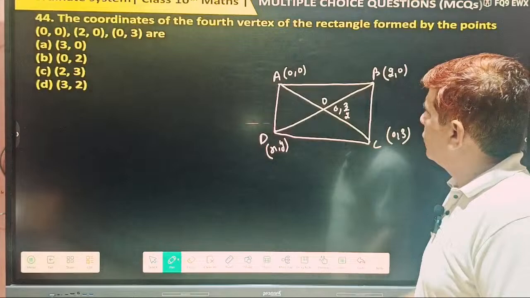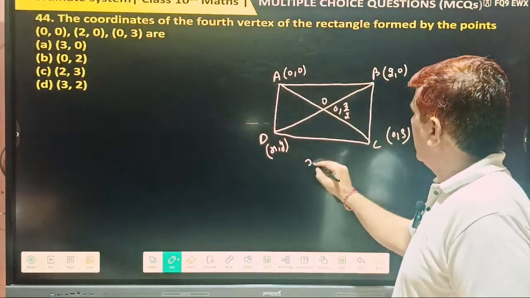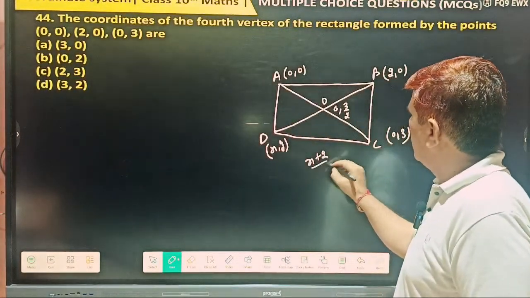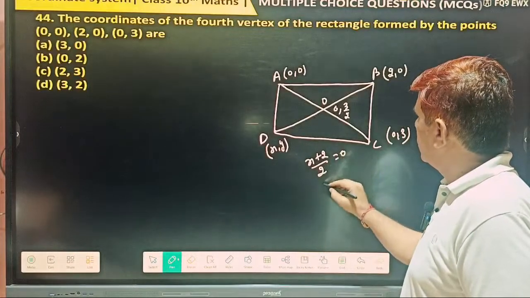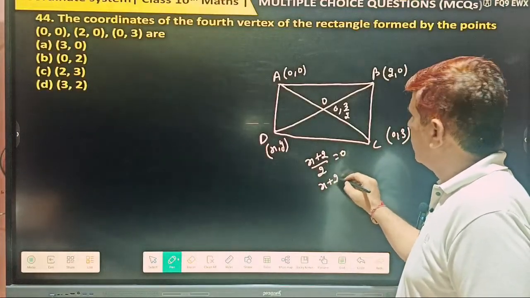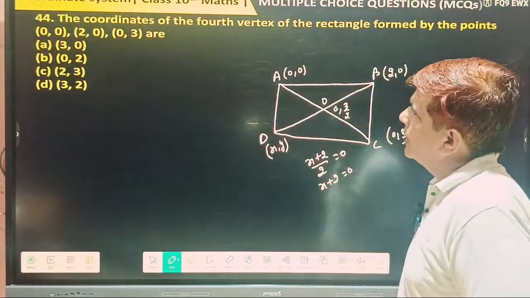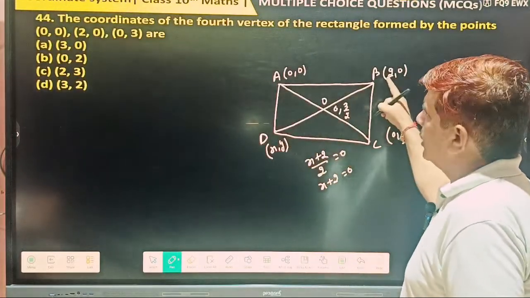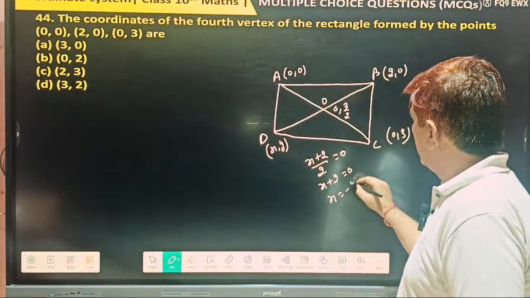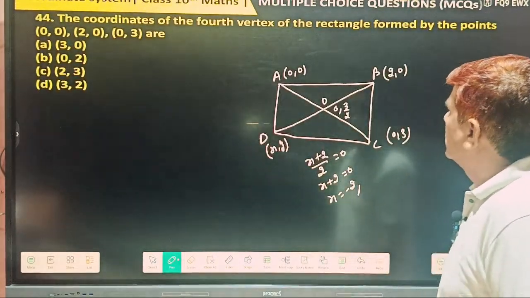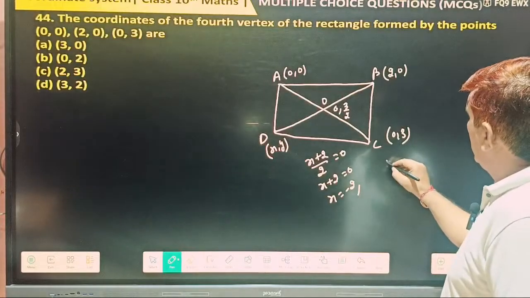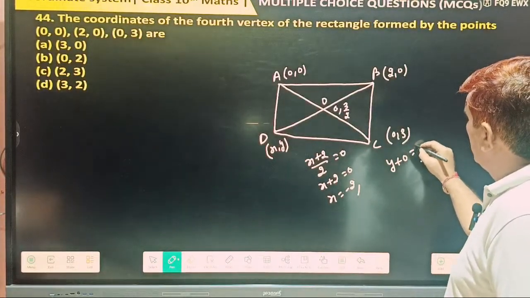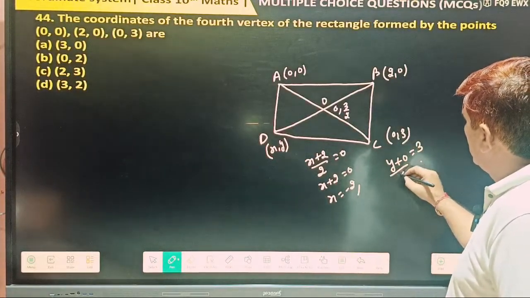These are the coordinates of O. And according to this, x plus 2 by 2 equal to 0. So x plus 2 equal to 0, so x equal to minus 2. Similarly, y plus 0 equal to 3 by 2.